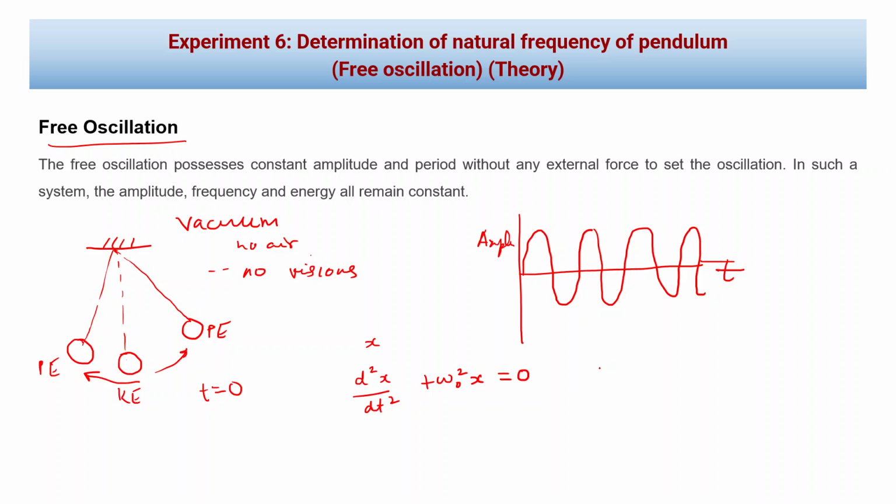And the solution for this will be x(t) equals some amplitude A cos(omega naught t minus phi), where phi is the initial phase of the oscillation and omega naught is the natural frequency. So this will be the solution for the free oscillation differential equation.